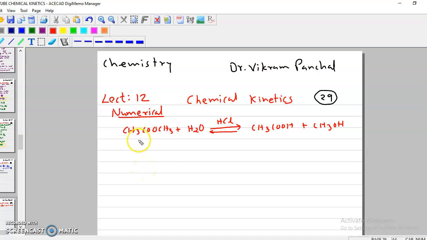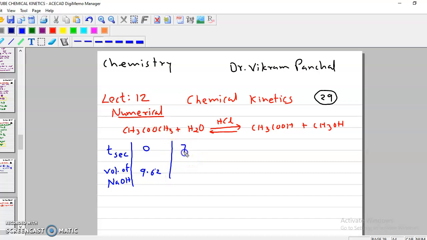The data is given to you like this. T is the time in seconds and the volume of NaOH used for titration is given. At 0 time, the volume of NaOH is 9.62 ml.